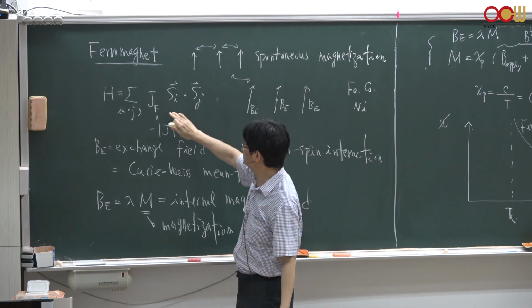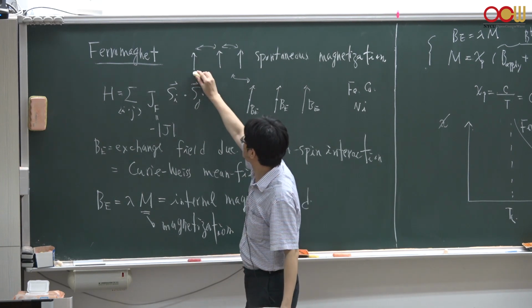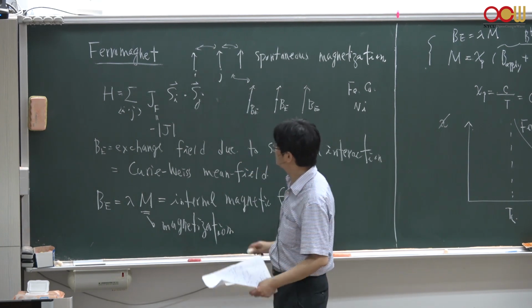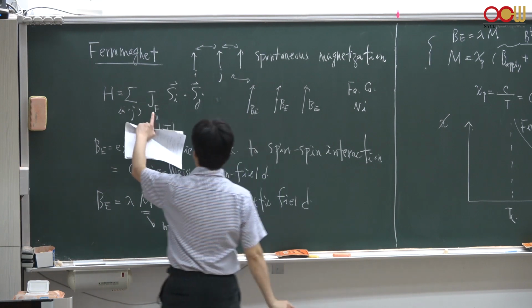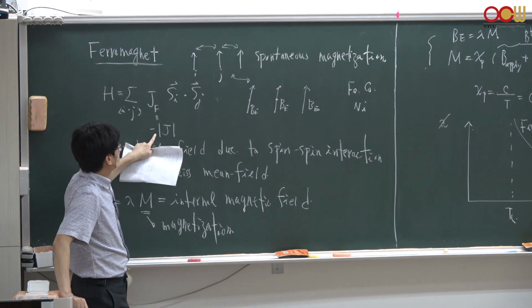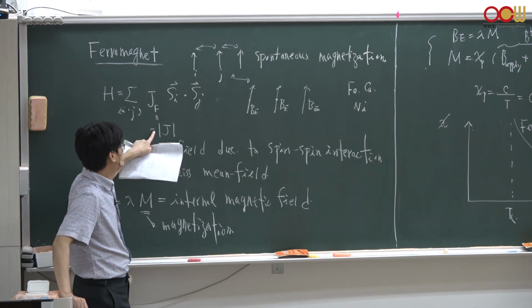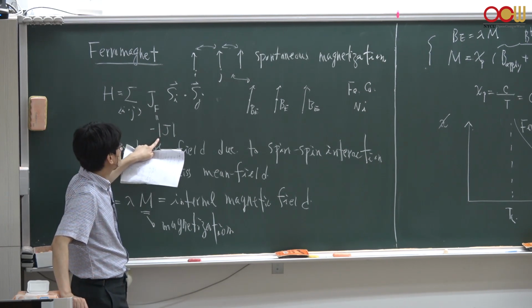Namely, this is the Si dot Sj type of spin-spin interactions with a prefactor Jf called the ferromagnetic exchange coupling, which is negative, minus magnitude of J.